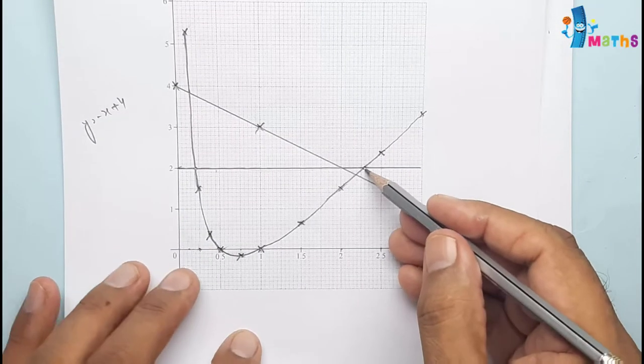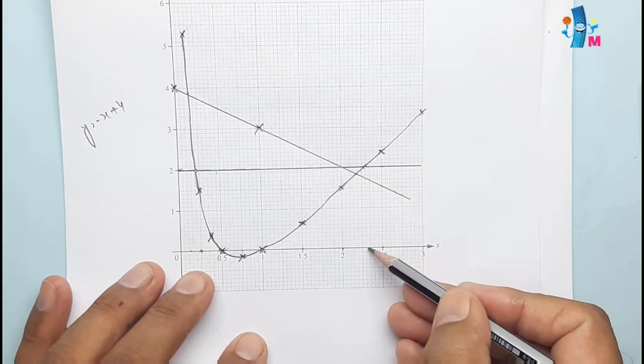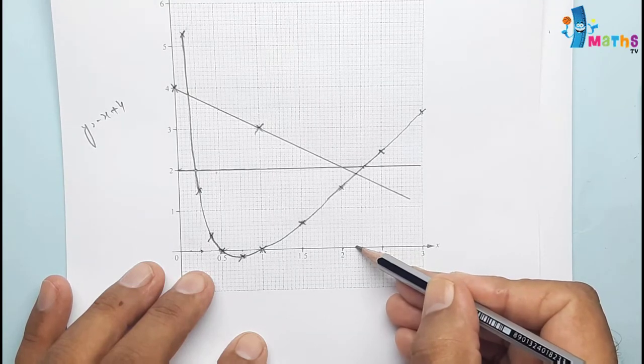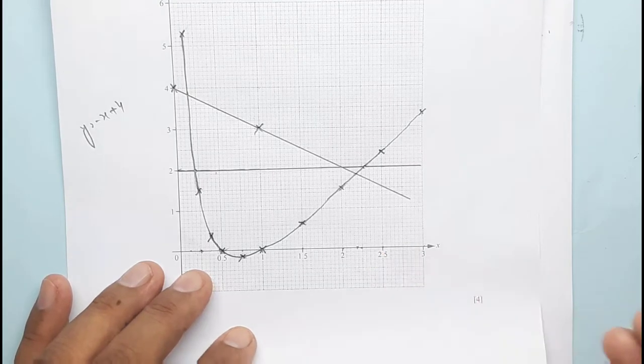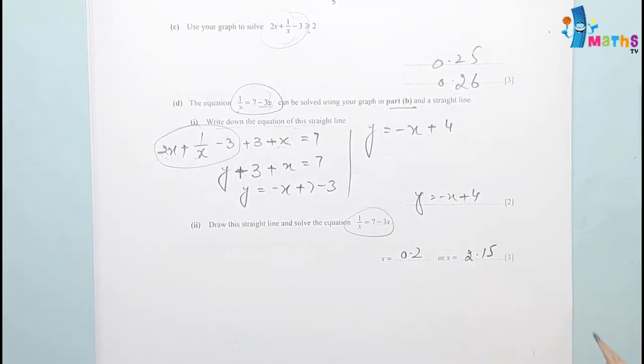And on this side, this point is, this is 2, this is 2.25, this is a little lesser than 2.25, so it is 2.15. So we can write 2.15. So these are the two x values which are required.